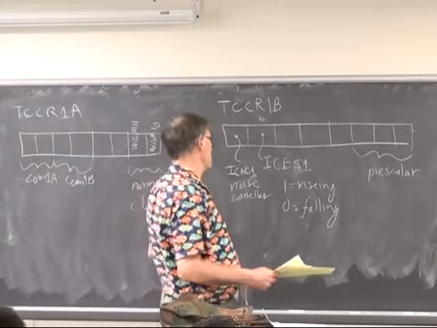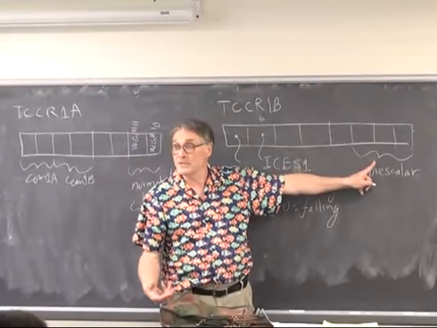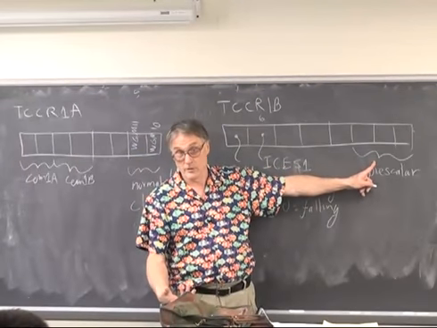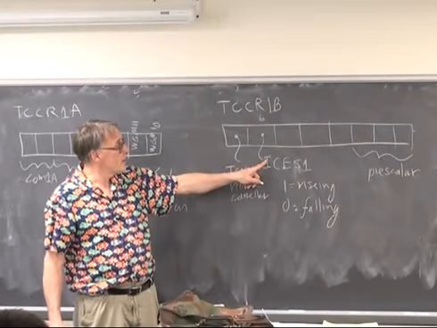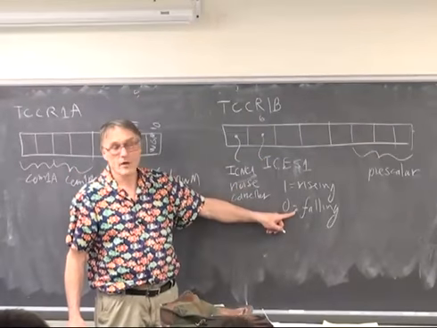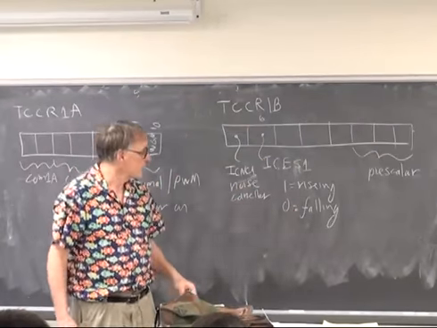So what we're going to do for this lab is you're going to choose a pre-scaler which is appropriate to the frequency you need to measure. You're going to turn on the input capture mode for either rising or falling. Doesn't matter. And you may or may not get better results with the noise canceller. You can try that. I don't think it's going to be too sensitive to that.